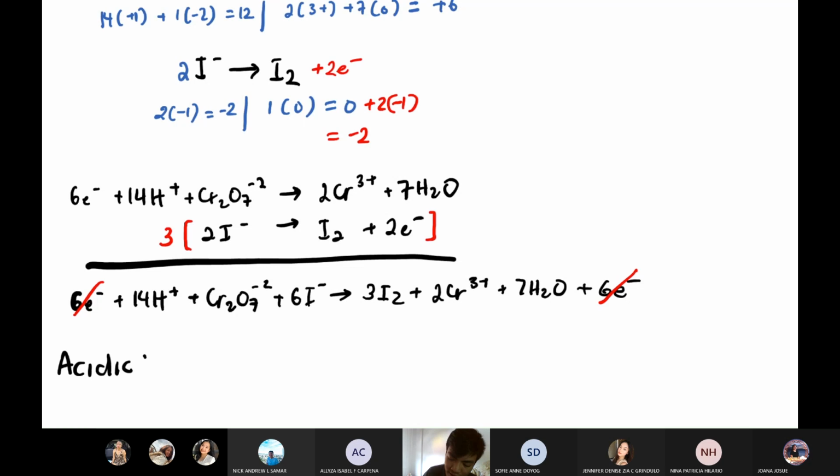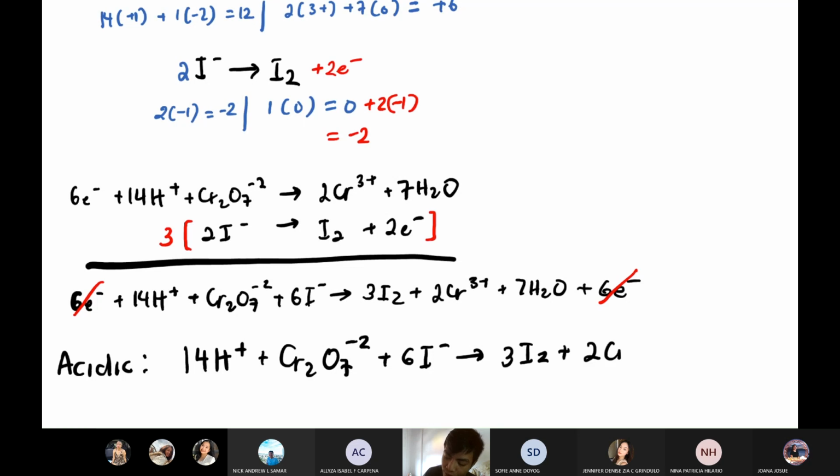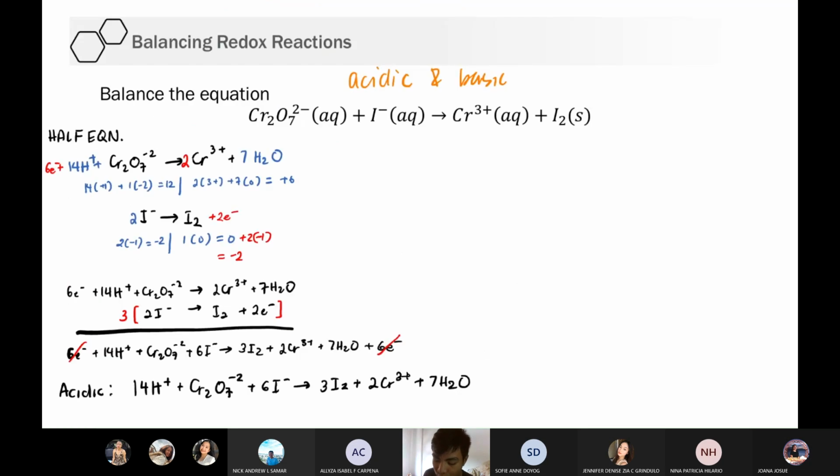So therefore, the acidic equation will be 14H plus, Cr2O7 negative 2, 6 iodide, producing 3 iodine, 2Cr3 plus, 7H2O. Did you get it?